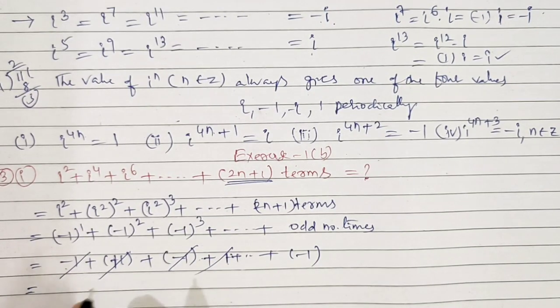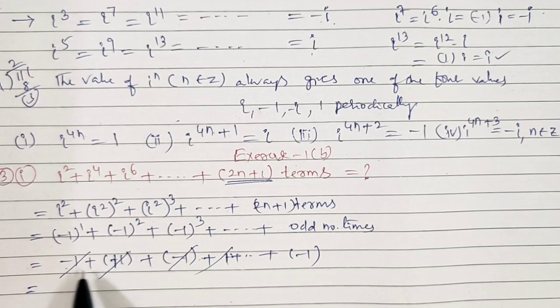If you take pairs like that, 2 values together, 1 will be left. Obviously that 1 will be minus 1. So the answer is minus 1.